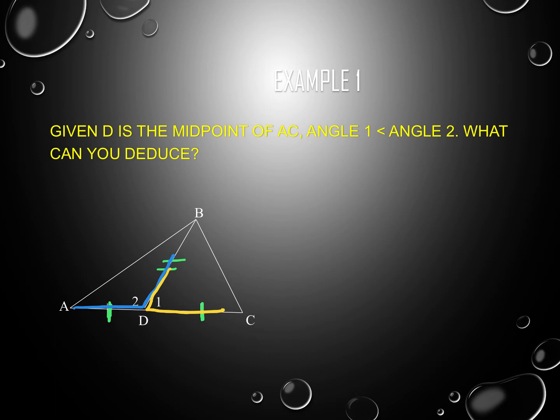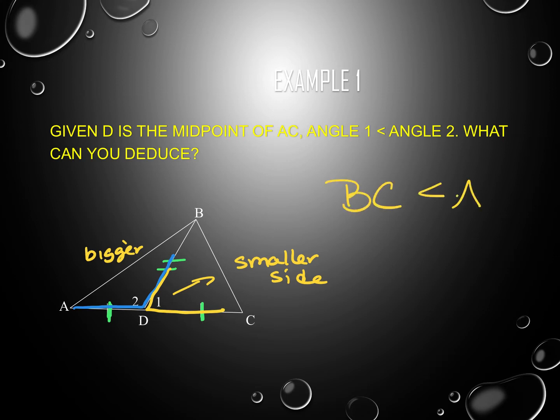So this would tell me that the side across from angle 1 is going to be the smaller side. And then if 2 is the bigger angle, this would be the bigger side. So here this tells me that BC is going to be less than AB. If you'd rather flip it around and say AB is greater than BC, you can do that as well.